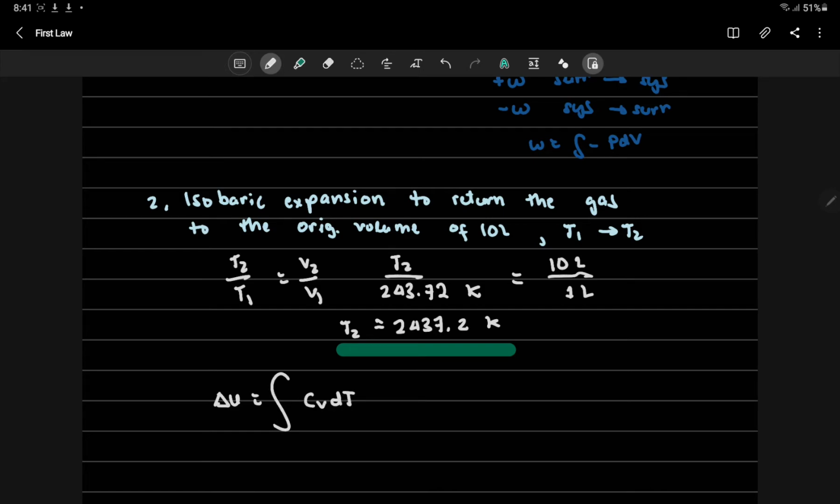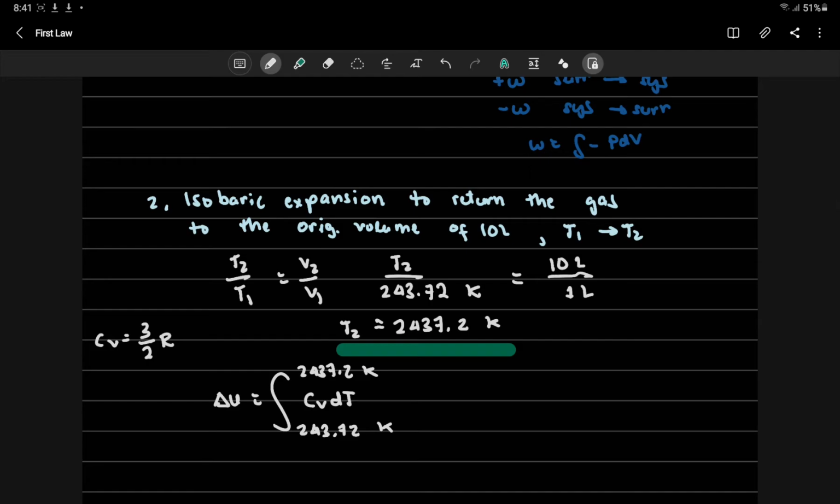Now, what are the limits? Since we are integrating dT, the limits are the temperatures: T1, which is 243.72 Kelvin, and T2, which is 2,437.2 Kelvin. Now, by the way, CV here will be equal to 3/2 times R, because the problem says it is an ideal monoatomic gas.